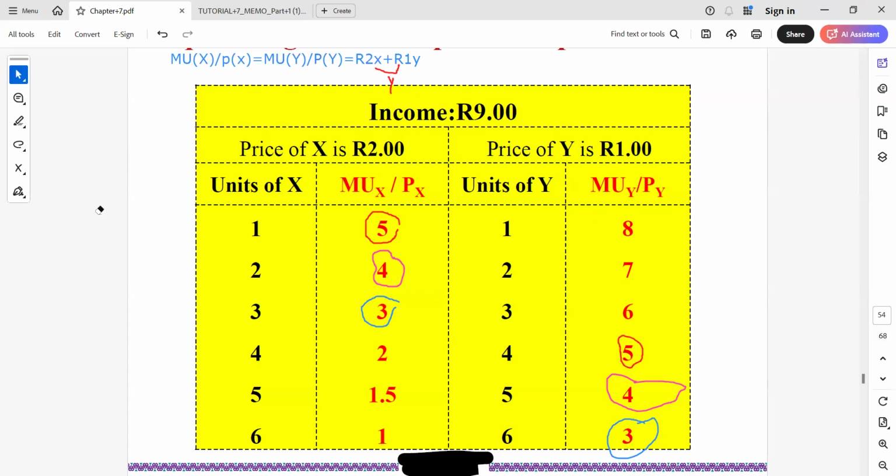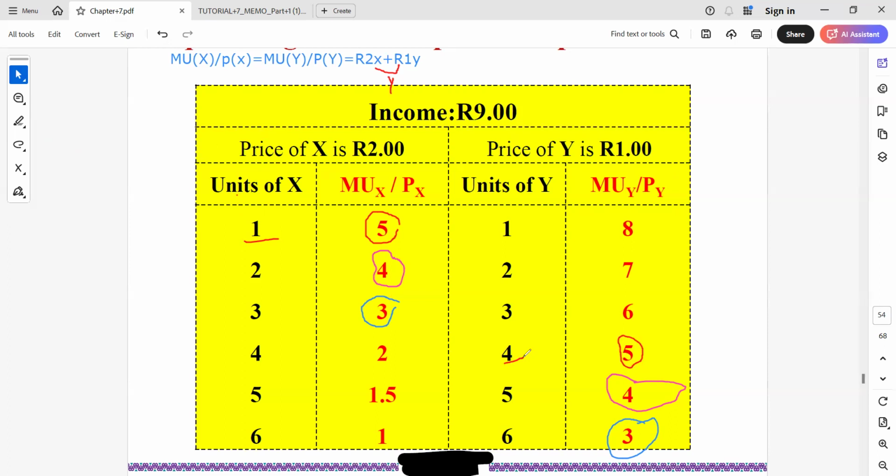So if we choose to use the first combination, let me use the color red. When your marginal utility per rand for good X is 5 and for good Y is 5, this person can consume 1 unit of good X and 4 units of good Y, right?